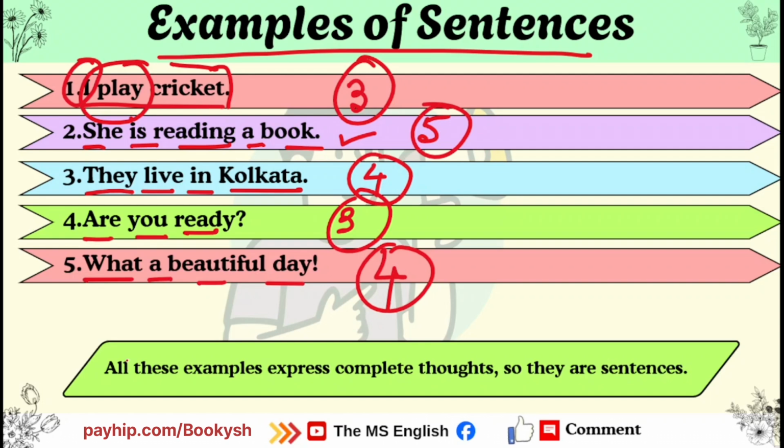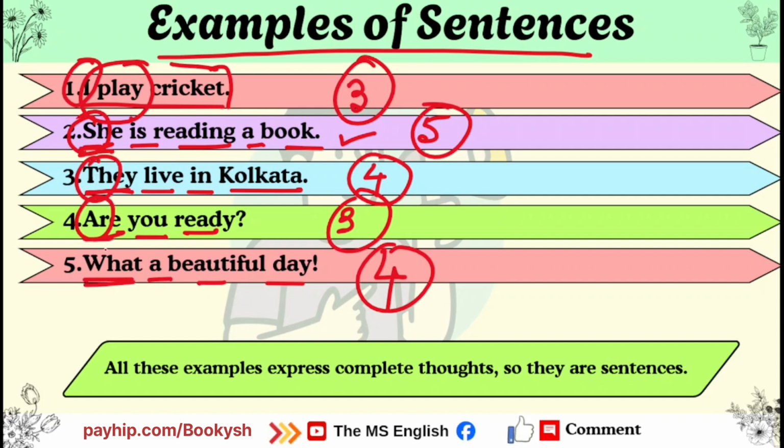So another thing we have mentioned earlier, that a sentence will begin with a capital letter. So we can see in the first word, she, S is capital. In they, T is capital. In are, A is capital.